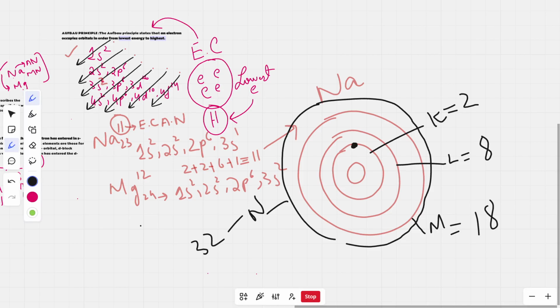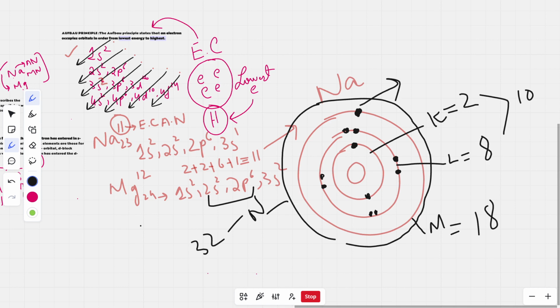We will make 2 over here like this. How many electrons are there in the second shell? 8. 6 plus 2, 8. 1, 2, 3, 4, 5, 6, 7, 8. Now you have to count these. It becomes 10. Now we have to make one more over here and we are good to go.